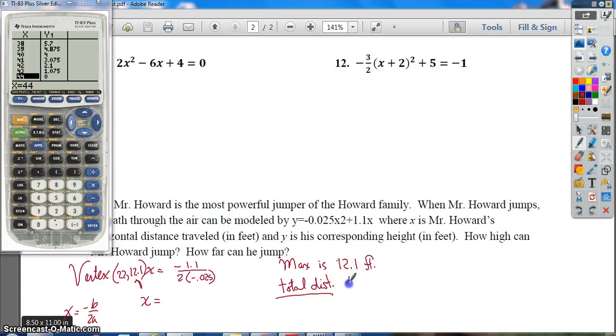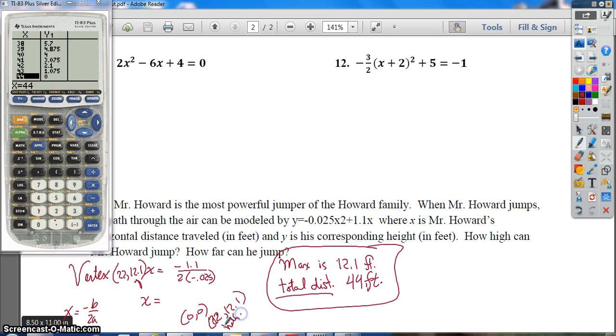Total distance is 44 feet. Okay? Why is that? Because 0, 0 is where he started, 22 feet is halfway. So 22 feet traveled is halfway, 44 would have to be the total, multiplied by 2.